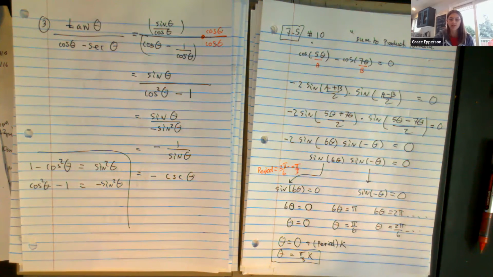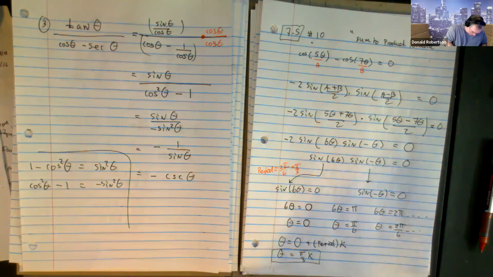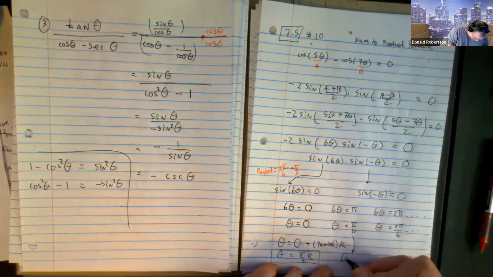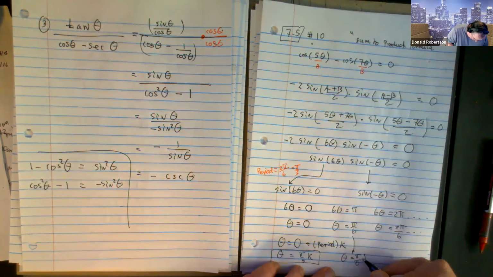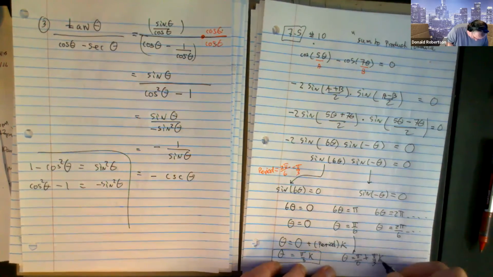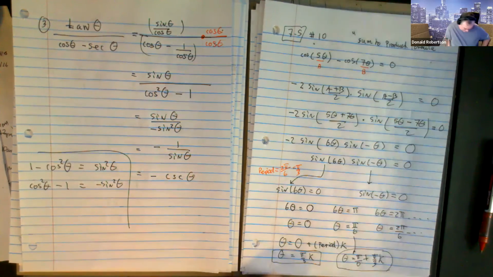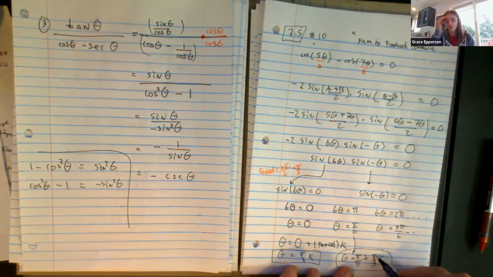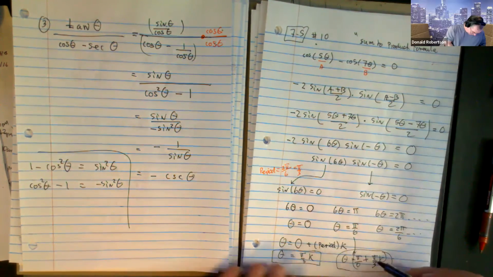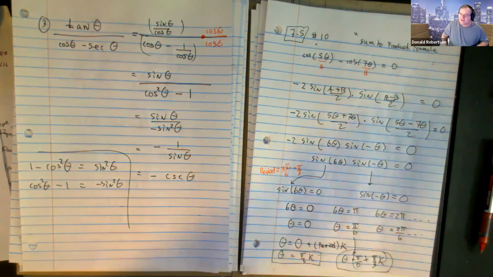I guess what I don't understand is why theta is equal to pi over 6, but then in the answer you wouldn't get pi over 6. Oh, maybe you would. If I put this one in, won't you get pi upon 6 plus pi upon 3 k? Won't you get that guy? So is there 2 answers? No, they're all contained inside one answer.